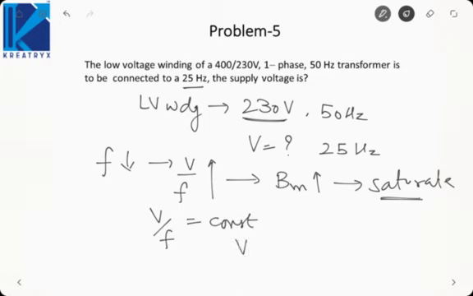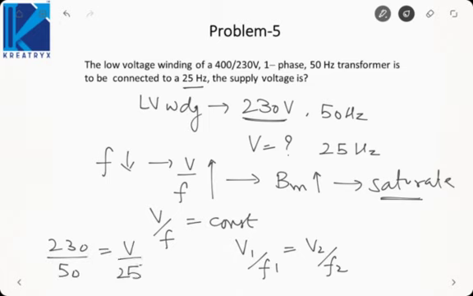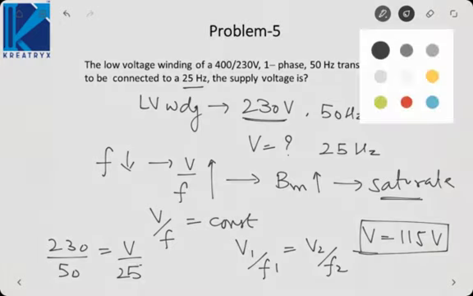That means V1 by F1 should be equal to V2 by F2. So 230 by 50 is equal to V by 25. It implies voltage is equal to 115 volt. So the supply voltage should be 115 volt on the low voltage side at 25 Hz frequency, so that magnetic flux density remains constant and the transformer does not saturate.